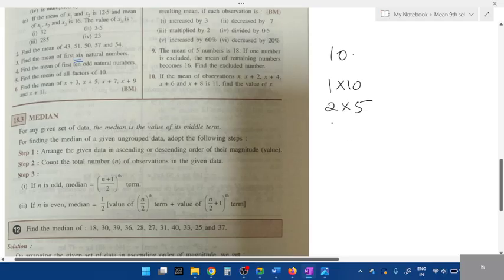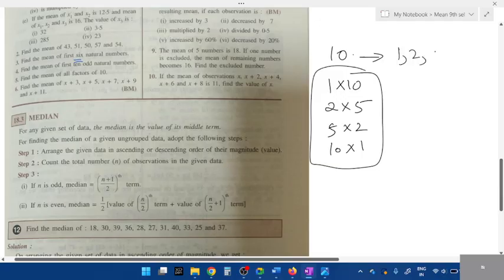No, 3, 4 doesn't go. 5 into 2 and 10 into 1. Write all the numbers once. So what are the factors of 10? 1, 2, 5, 10. That's it. Don't repeat the numbers. Have you written everything once? Divided by how many numbers are there? 4.